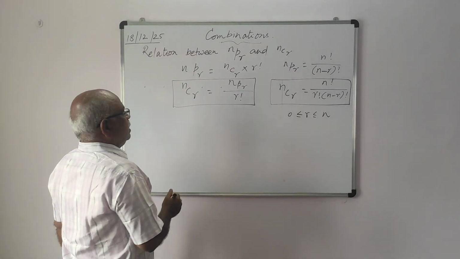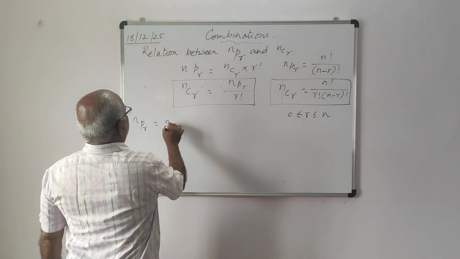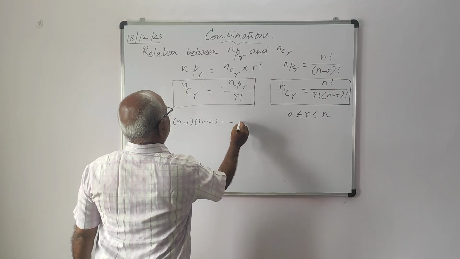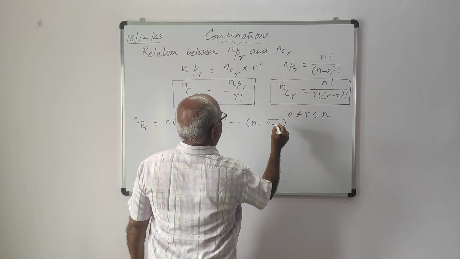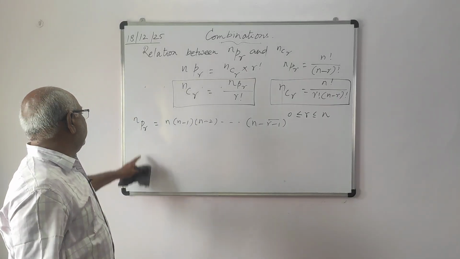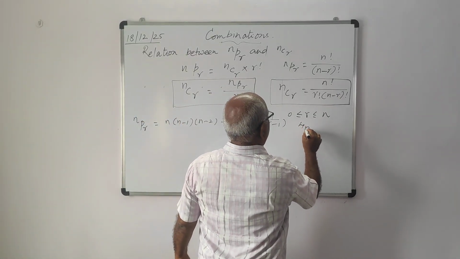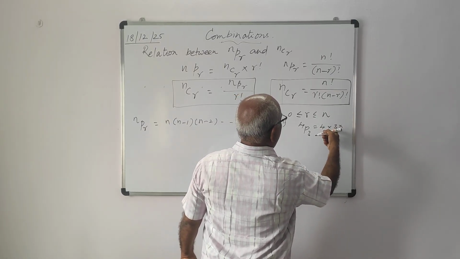And one more thing, we know nPr equals n into n minus 1 into n minus 2, etc., all terms, that is, we can write it as n minus r plus 1. For example, 4P3 means 4 into 3 into 2, that is 4, 4 minus 1, 4 minus 2.